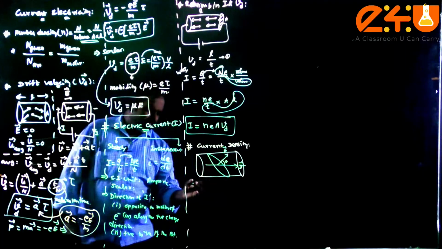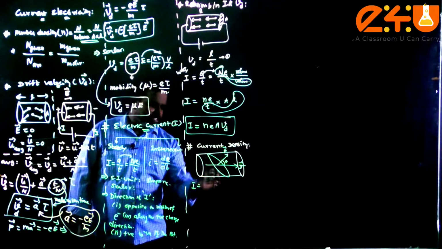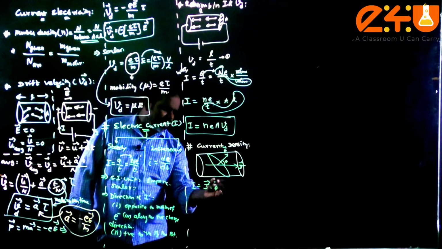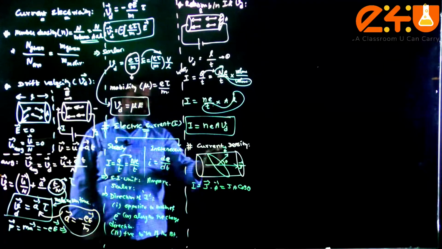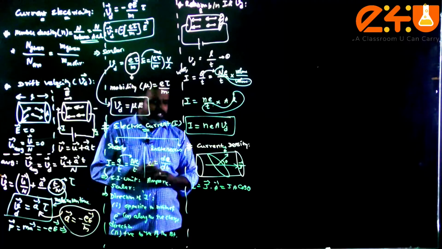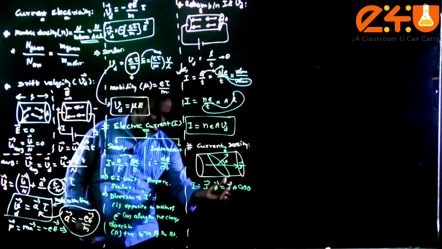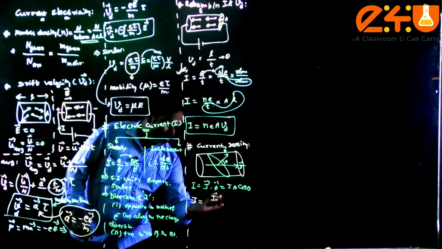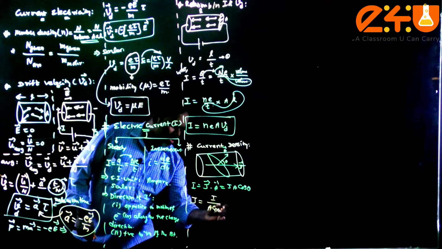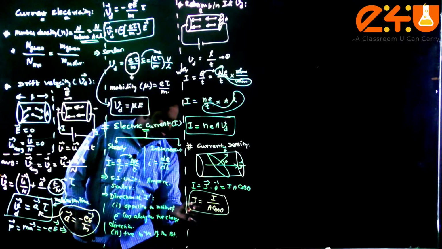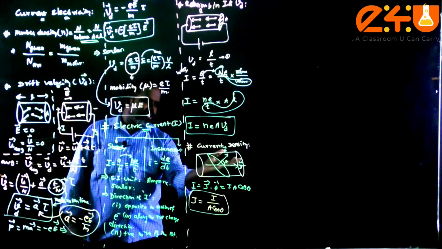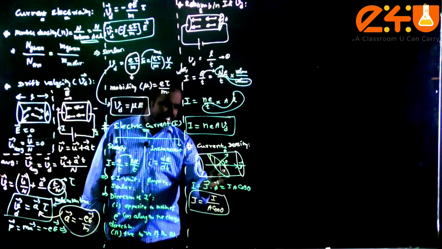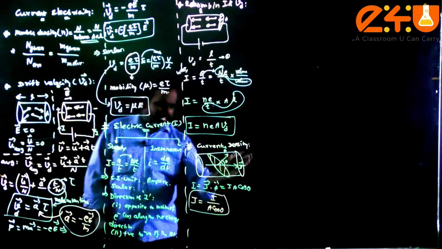Now the current can be defined as I is equal to J dot A vector, that is equal to J A cos theta, where theta is the angle between the area vector and the J vector. From this I can write J is equal to I by A cos theta. This is the general expression. Suppose the area vector makes an angle of 0 degrees, that means the cross sectional area is perpendicular to the current flow.